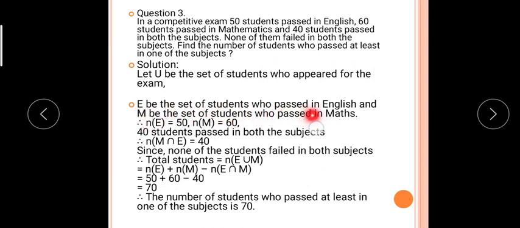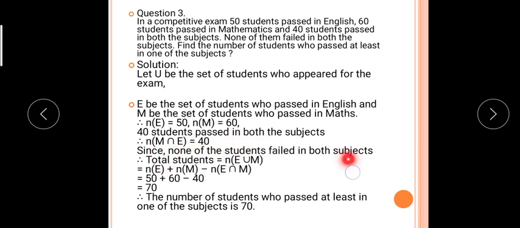Let U be the set of students who appeared for the exam, E be the set of students who passed in English, and M be the set of students who passed in math. Which variable you are using for denoting a set, that you have to write first. After that, n of E, the number of students who passed in English, is equal to 50. n of M, the number of students who passed in math, is equal to 60. 40 students passed both, therefore n of M intersection E is equal to 40.